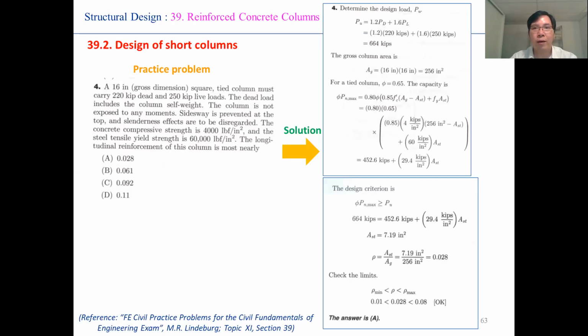I show you here the solution for this problem. Firstly, you can determine the design load Pu by this equation. And after, you can calculate the gross column area, Ag. And after, you can calculate the capacity phi times Pn max.